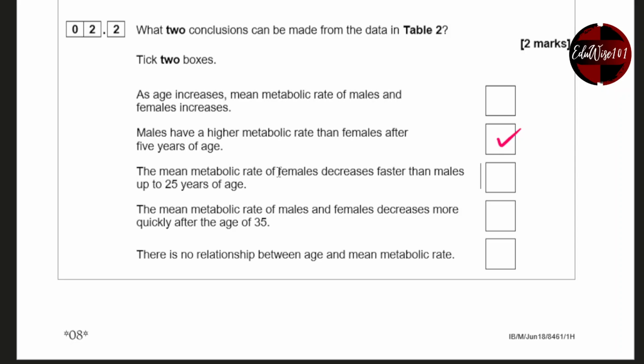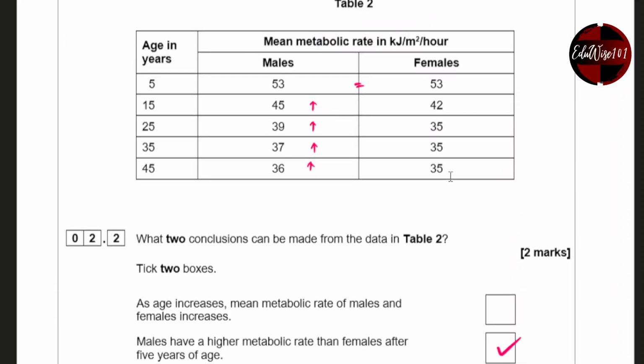The mean metabolic rate of females decreases faster than males up to 25 years of age. So it's dropping by 2 there. No, it's not 2, is it? It's dropped down by 8. Here it's dropped down by 11.